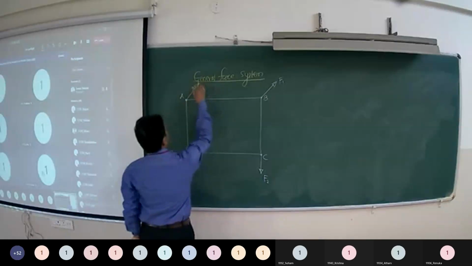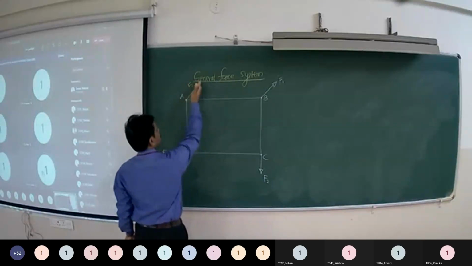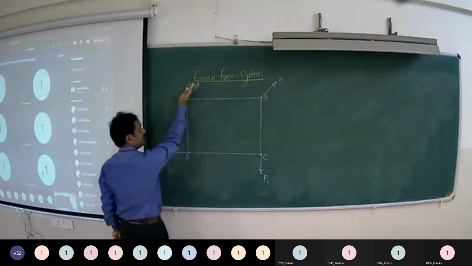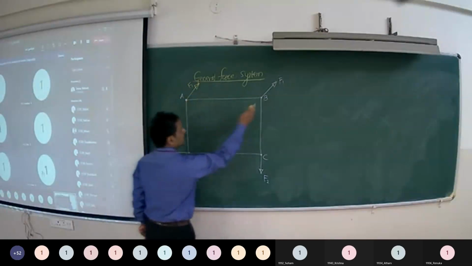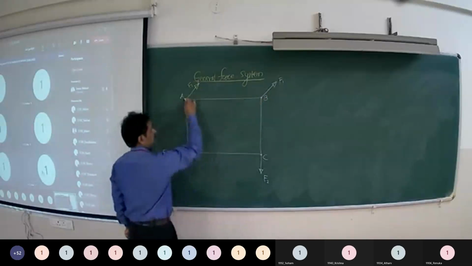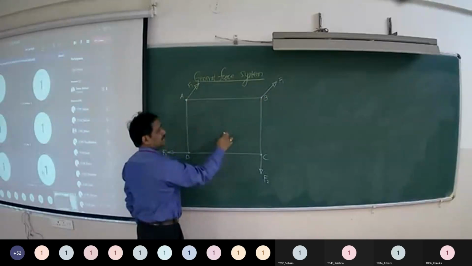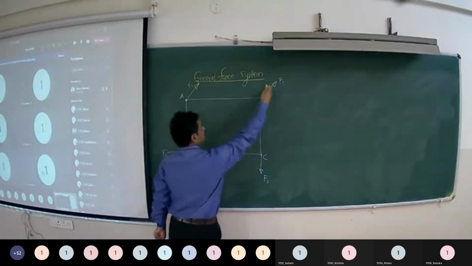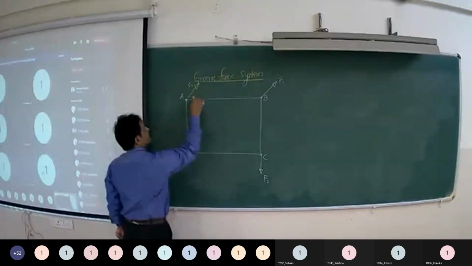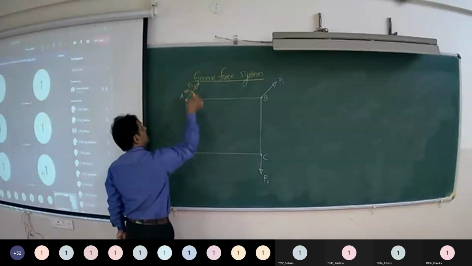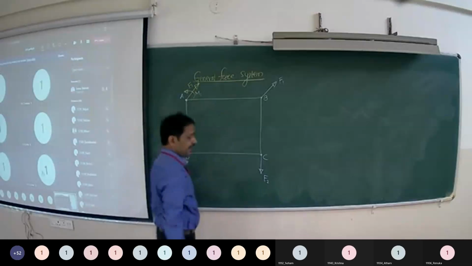That means the direction of F1 remains same. Now, it is accompanied by a moment whose magnitude is F1 into perpendicular distance. And what is the sense of that moment? Anti-clockwise. So it is accompanied by an anti-clockwise moment of magnitude, say M1.